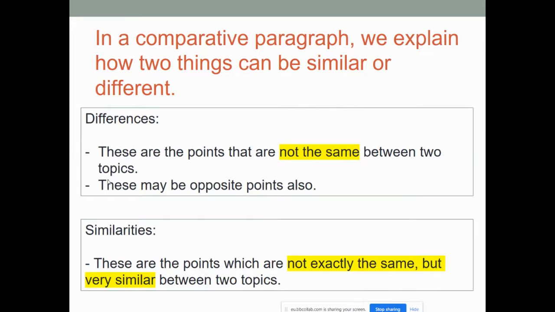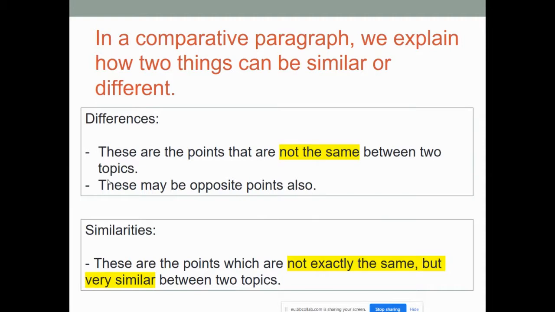Similar means same. Different means opposite. These are the points that are not the same between two topics. These may be opposite points.